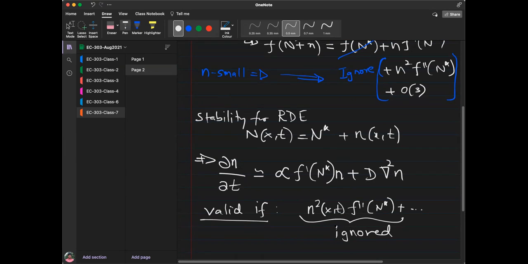This is the mathematical condition when linear stability analysis is valid. It's exactly the same condition really, except that now n is also spatially dependent.